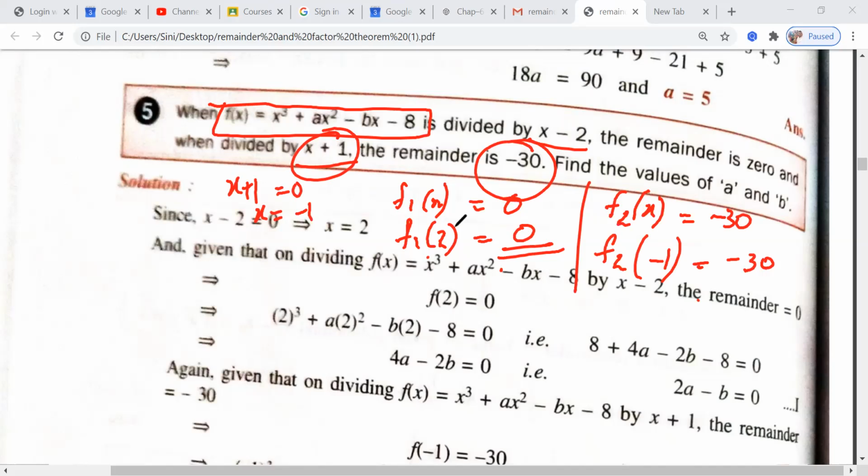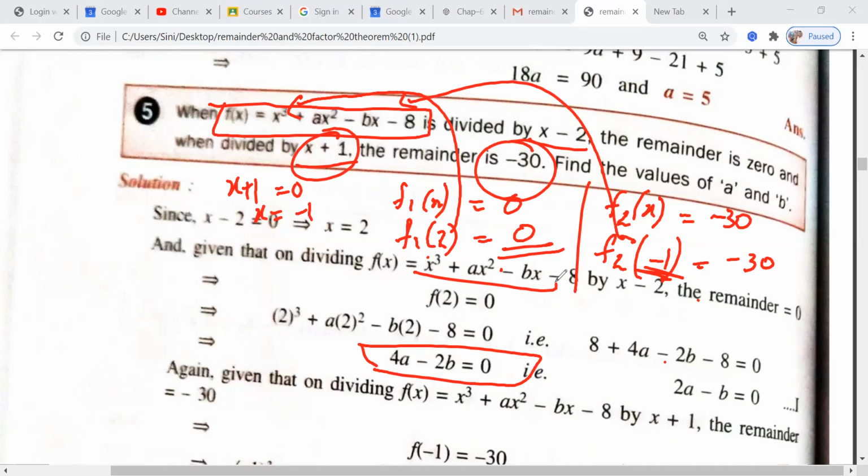So you should put 2 in place of x in one equation. You will get something like 4a minus 2b or whatever it is. Second thing, if you put minus 1 in place of x, then you will get another equation.